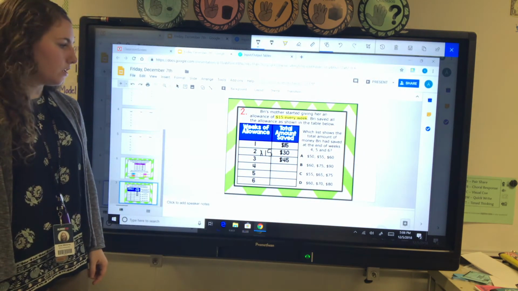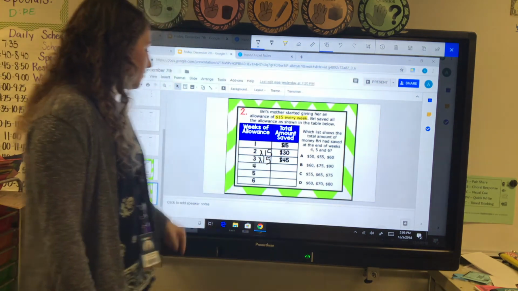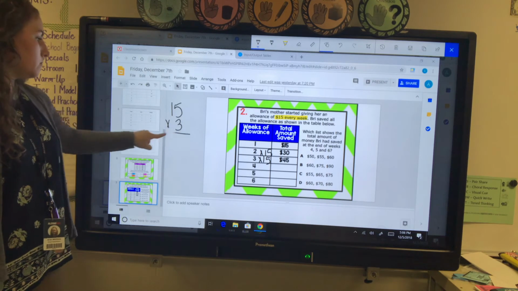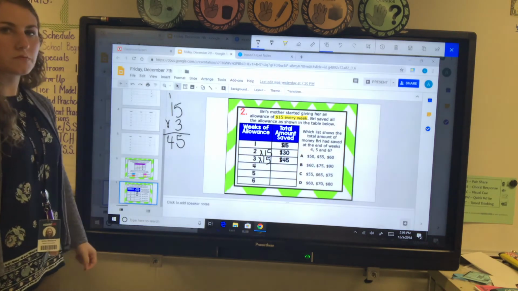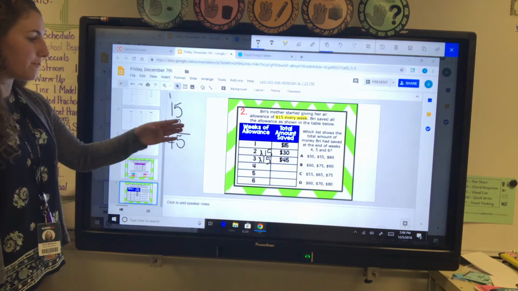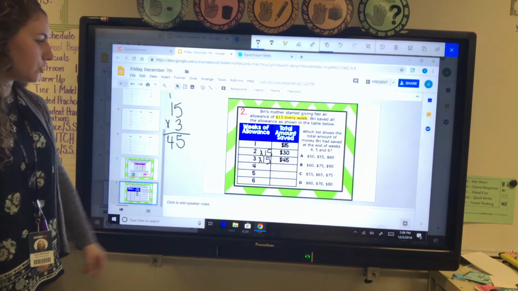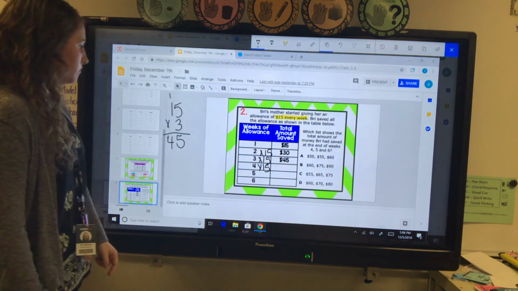Okay, so I can check that again with 3. 3 times 15, if I'm not sure, I can do my work off to the side. It's 45. So I know that times 15 is my rule. So now all I have to do is figure out what's 4 times 15.